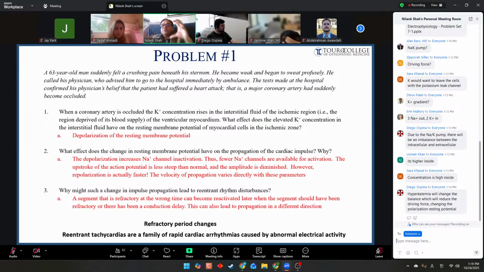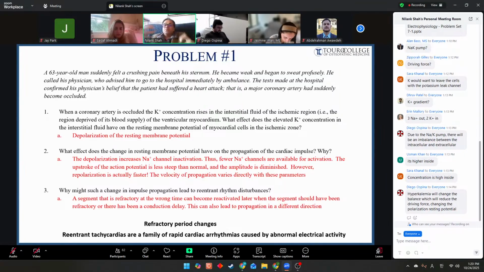So over a period of time, potassium will keep accumulating inside the cell because there is a reduced gradient for potassium to leave, since there is already high potassium outside. Potassium is a cation, so that will make the inside less negative, or somewhat positive, you can say.